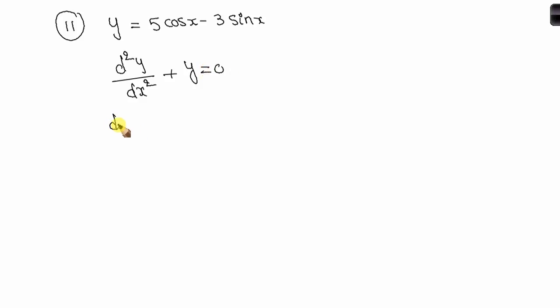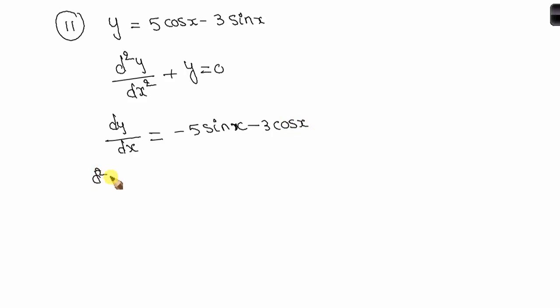So first find dy by dx. Cos x derivative is minus sin x, so this becomes minus 5 times sin x minus 3 cos x.